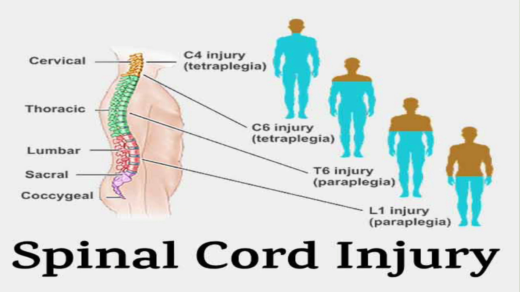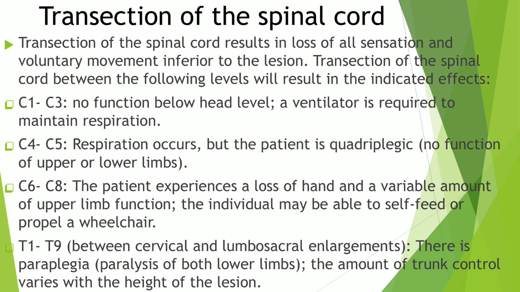That is what that diagram is trying to explain. I'm going to explain the details shortly. Transection of the spinal cord results in loss of all sensation and voluntary movement inferior to the lesion. So when you look at the diagram, there's transection of the spinal cord at the level between the blue and the gold color. And what happens?